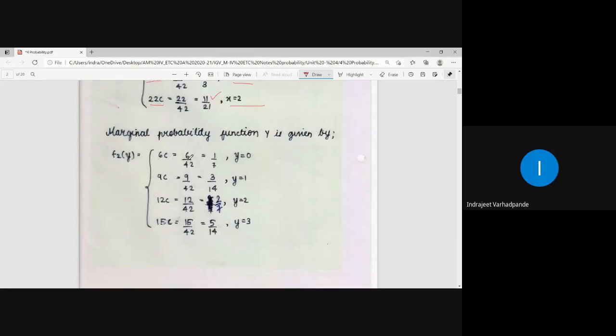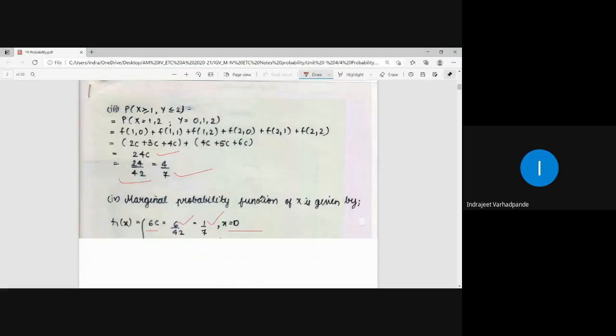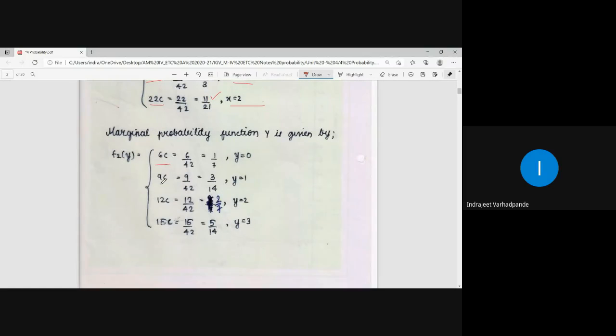Here also, what are the values present in the bottom row? 6c, 9c, 12c, 15c. So accordingly, I will be calculating 6c, 9c, 12c, 15c divided by 42. Accordingly, you get the corresponding probability function for y equal to 0, y equal to 1, y equal to 2 and y equal to 3.